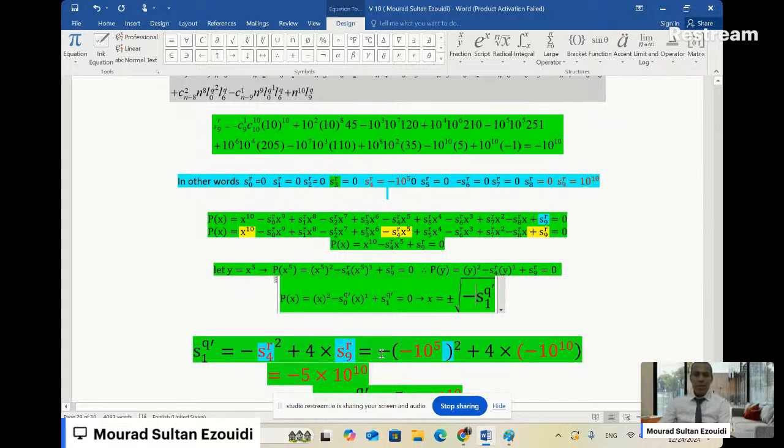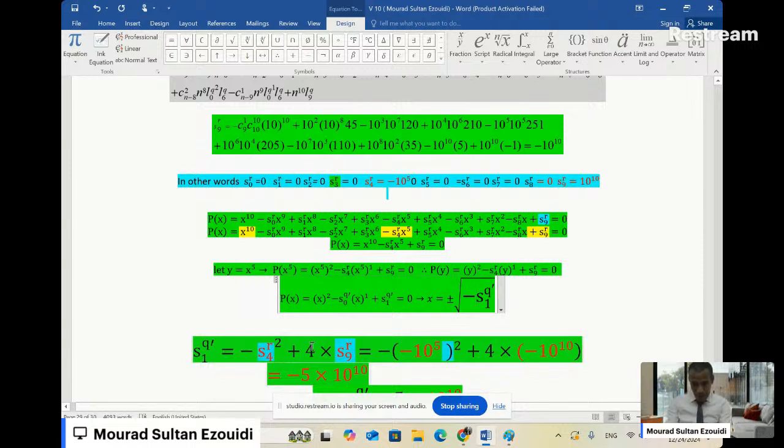It will be negative because this is negative. S4 squared is negative 10 squared, because this is negative 10 raised to the power 5, plus 4 times negative 10 raised to the power 5. This is equal to negative 5 times 10 raised to the power 5. You see, this is S1 of the Q dash.